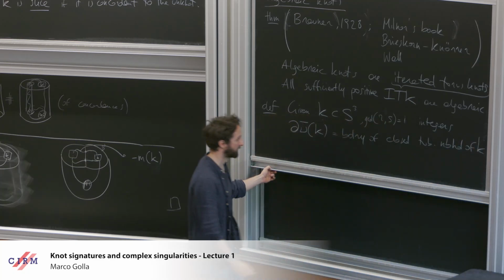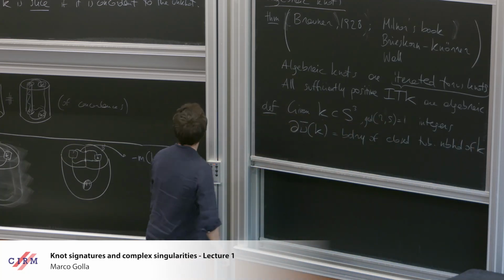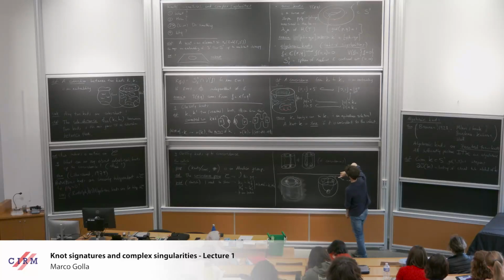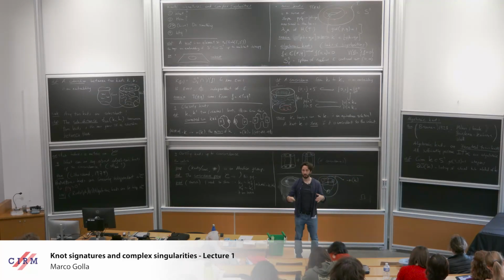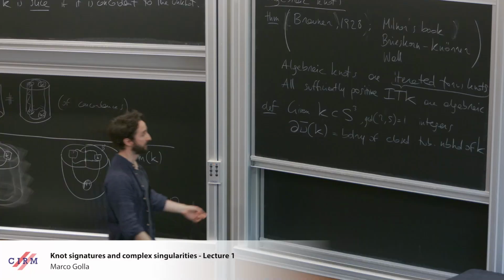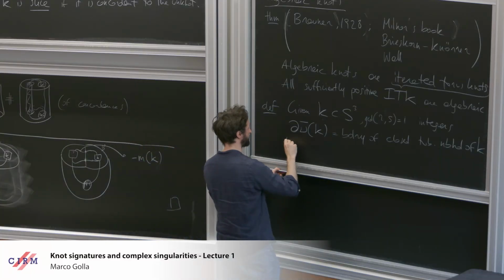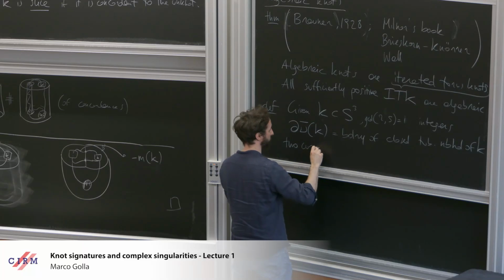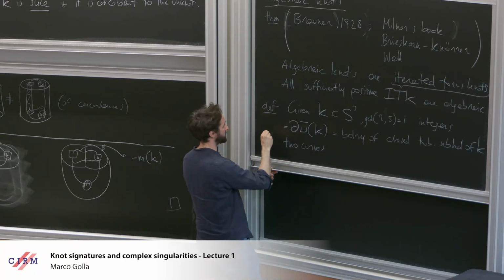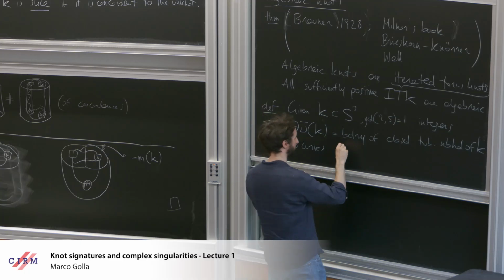Okay. And in order to play that game, I need to tell you with respect to which curves I'm measuring the slopes. So I need two curves on, let me call this T_K, just to introduce more notation.